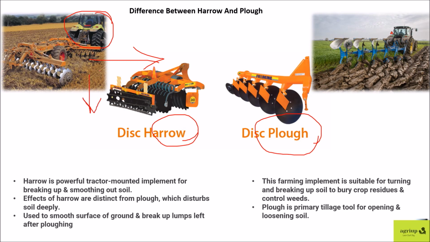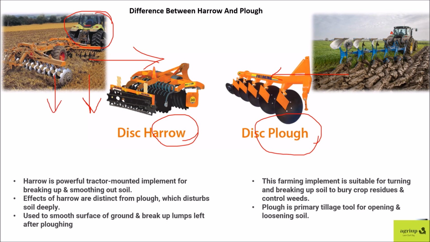The effect of this harrow is very distinct from a plow. Plow disturbs the soil deeply. It is going to disturb the soil to a very great extent. But harrow, on the other hand, is distinct from the plow because it does not affect the deep soil and the roots.